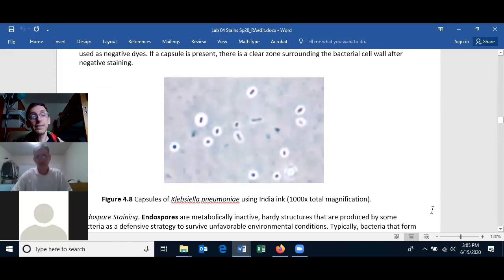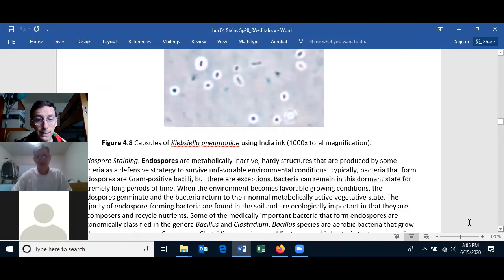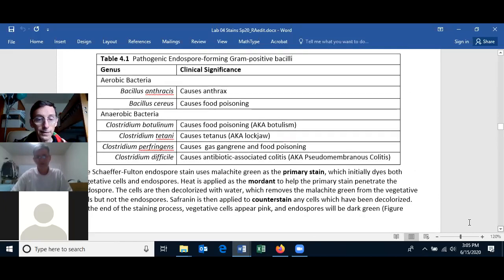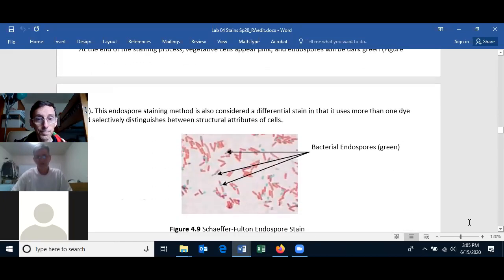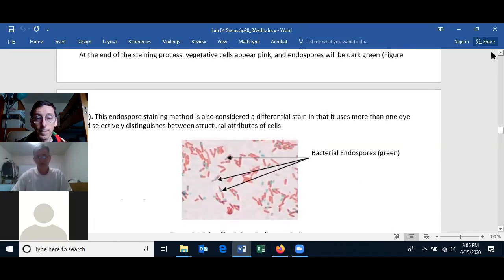This is a negative stain where you're staining the background. This is probably also a differential stain because it's staining more than just the background. It's also staining the cells.